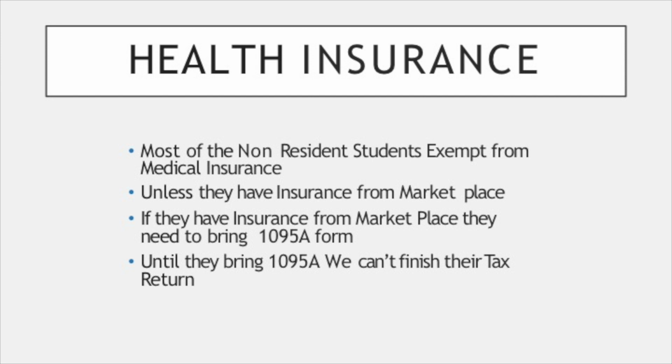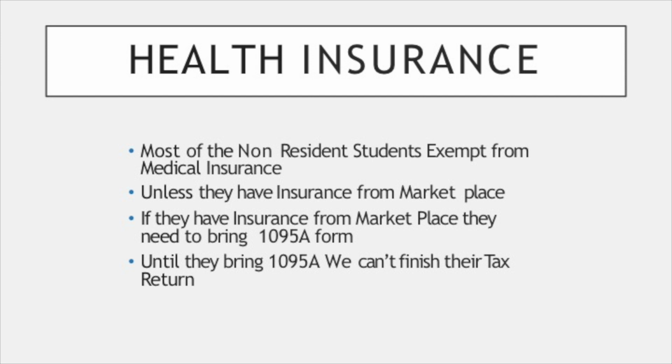Okay, we're about to finish up here, but one last section of the tax return is health insurance. Most non-resident students are exempt from the medical insurance, but you may have to fill out the section to show that you are exempt from having medical insurance required in the United States.